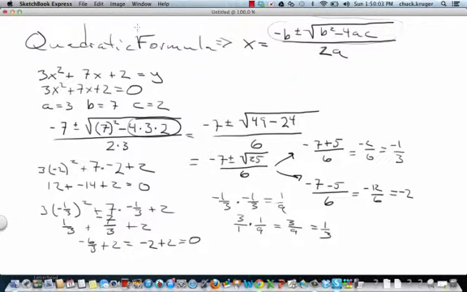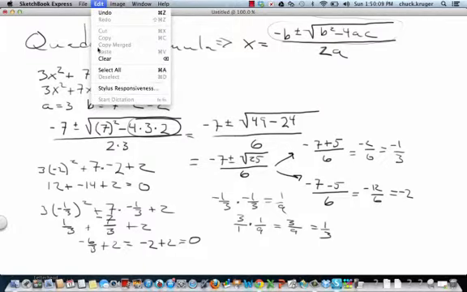Alright. I think I'll do one more. Again, the quadratic formula is this.